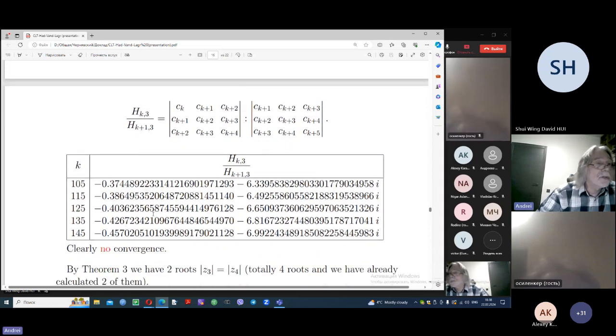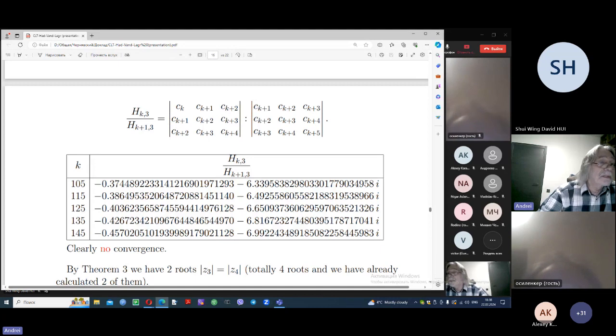We see that there is no convergence. The convergence should be very quick, very fast. But there is no fast convergence. As I said, oscillation or something like that. But clearly no convergence. What does it mean?